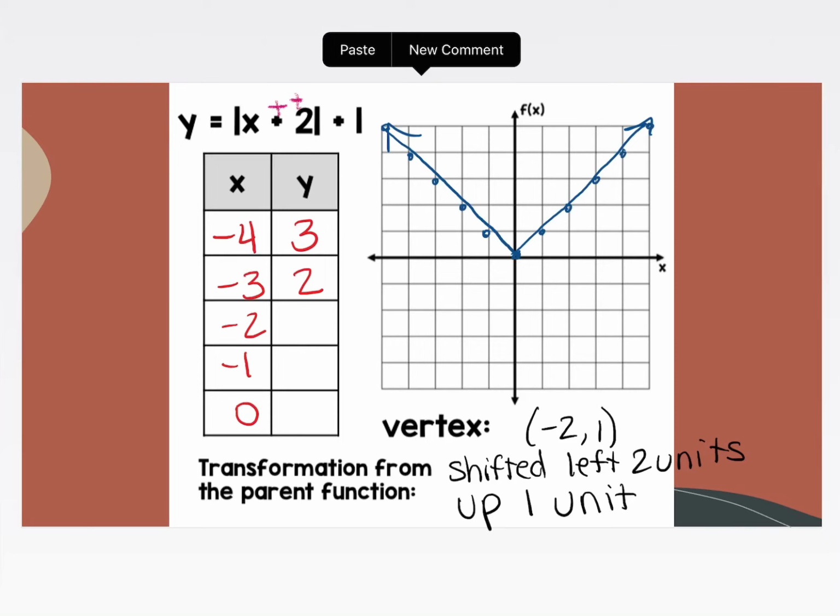The absolute value of -2 plus 2 is 0, so the absolute value of 0 is 0, plus 1 is 1. -1 plus 2 is positive 1. The absolute value of positive 1 is 1, plus 1 is 2. And 0 plus 2 is 2. The absolute value of 2 is 2, plus 1 gives us 3. Okay, so these are all of my points right here.